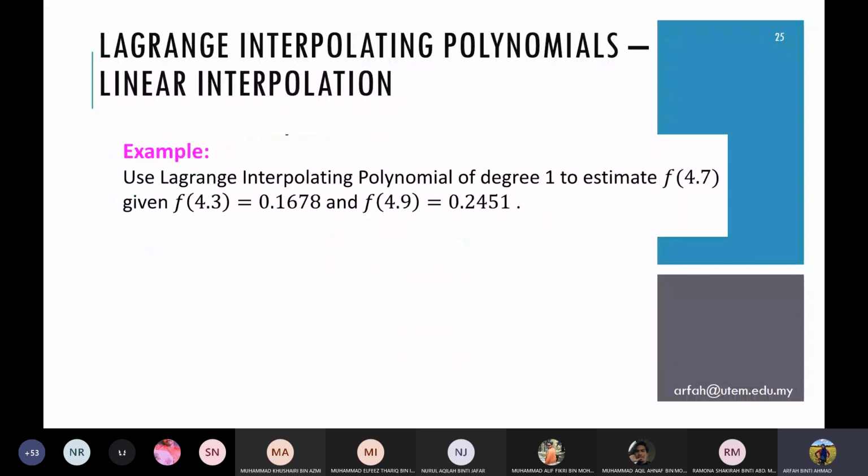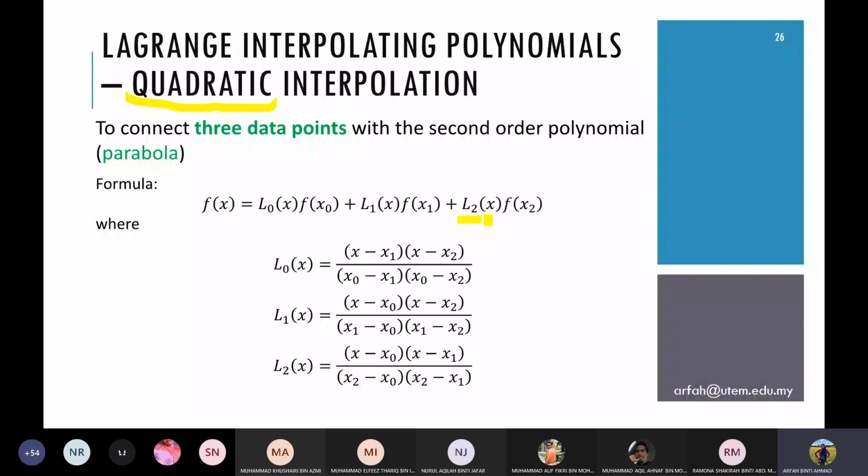But for the quadratic interpolation, you will be having the Lagrange coefficient up until L0, L1 and L2. Okay. So this is the formula yang didapatkan, dibangunkan daripada hasil multiplication for the 3 points.